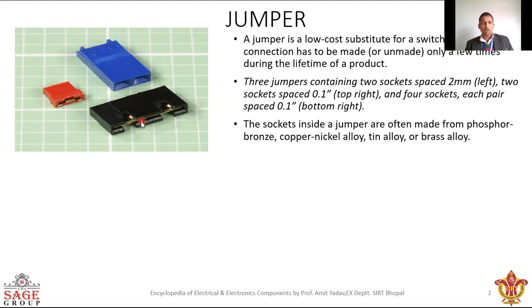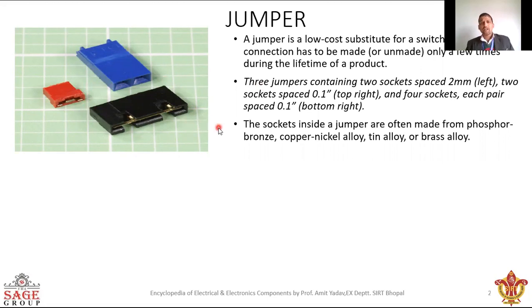And this black jumper has four sockets, each with a spacing difference of 0.1 mm. So this jumper has four sockets, and the remaining two, this and this one, both have two sockets only.